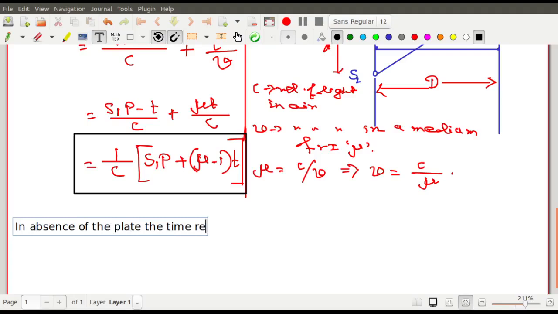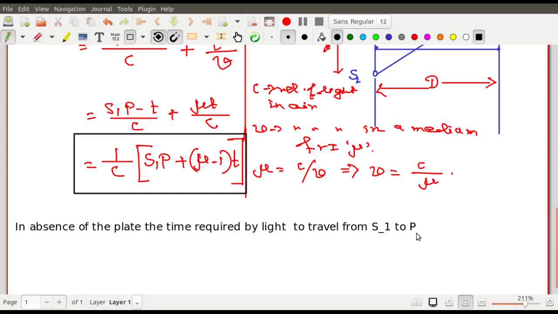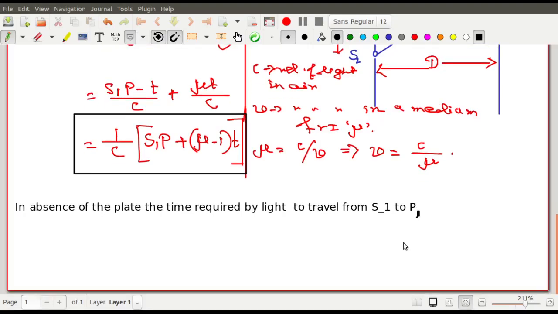In absence of the plate, the time required by the light to travel from S1 to P, how much is it? If the plate is not there, how much time is required under those circumstances?